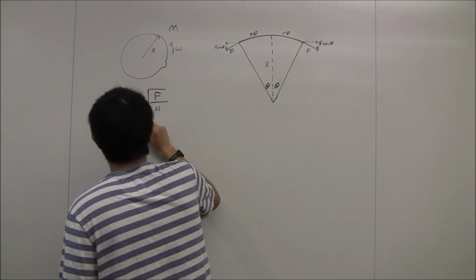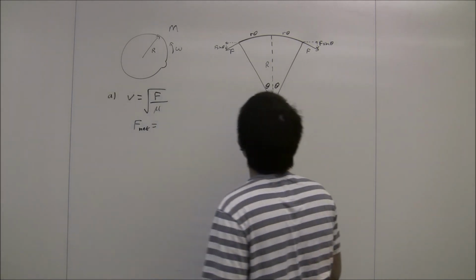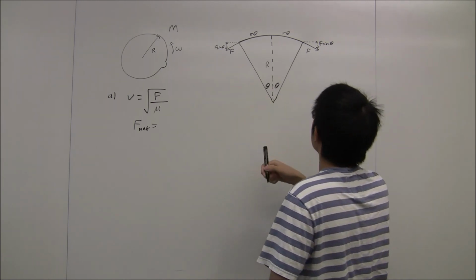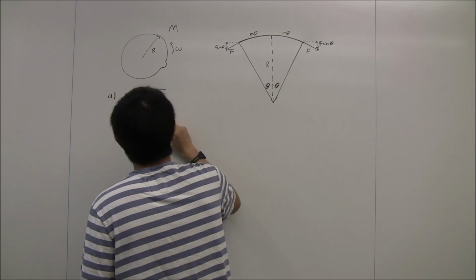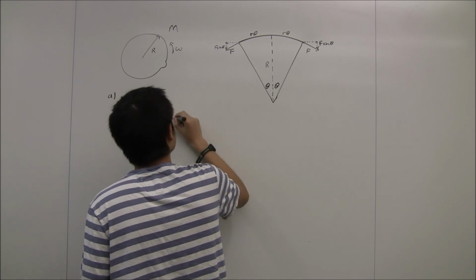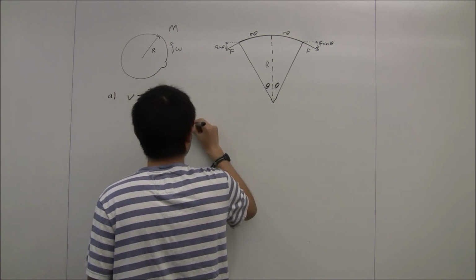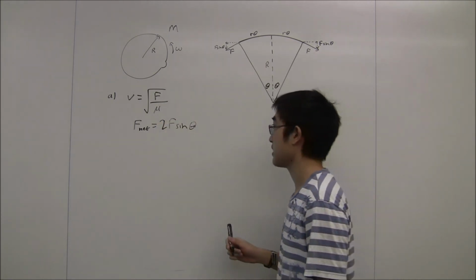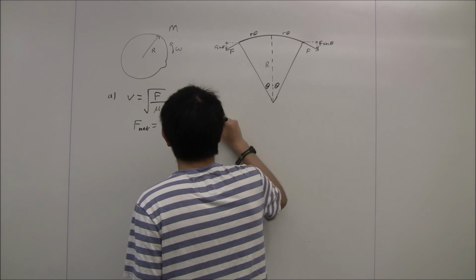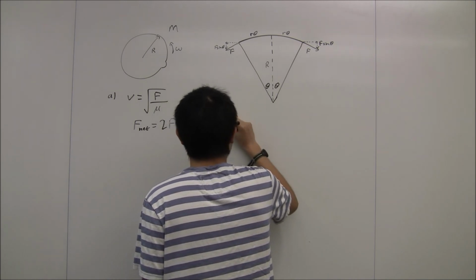Therefore, the net force on the isolated segment is going to be the sum of the vertical components of the tension forces, and that force is 2 F sine theta, and for small theta, sine theta is approximately theta, which means our net force is approximately 2 F theta.